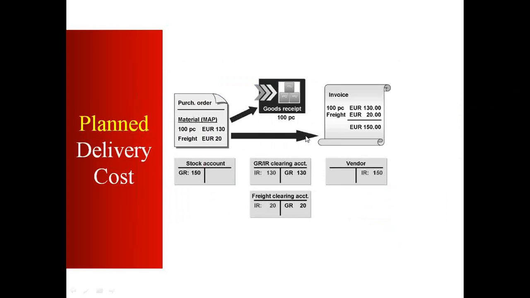Basically what we see here is how the prices will be posted. Here is an example of planned delivery cost. In the purchase order, the price is 130 and freight is 20, and the invoice is the same because it's a planned delivery cost.